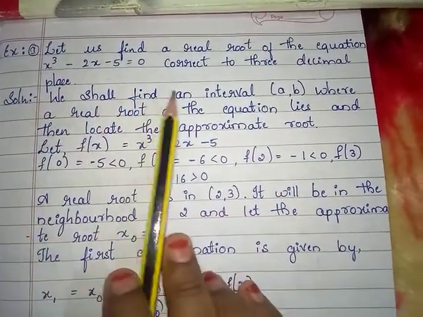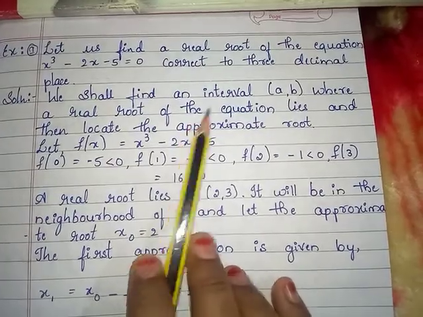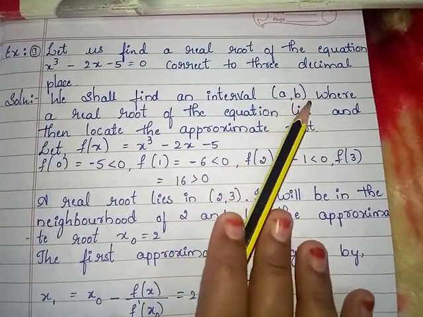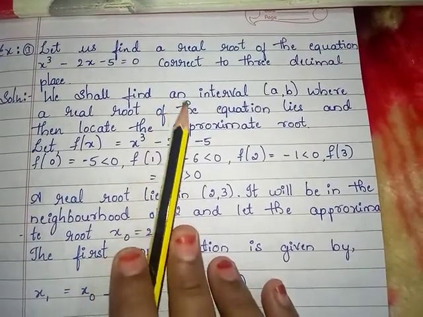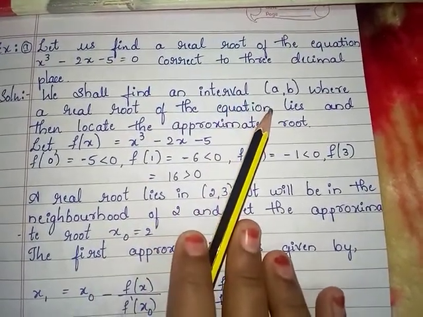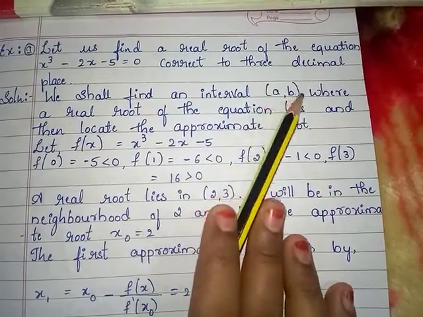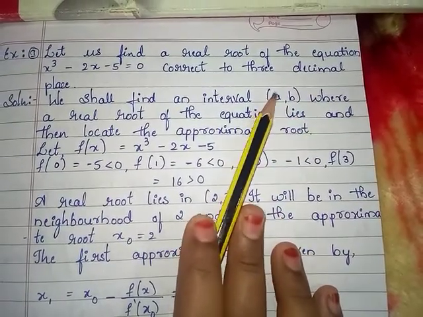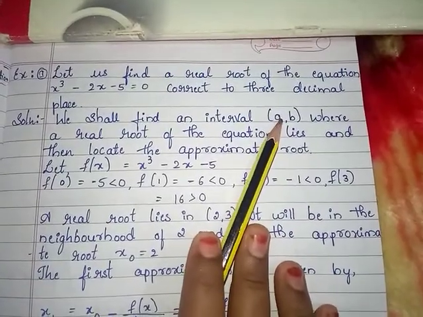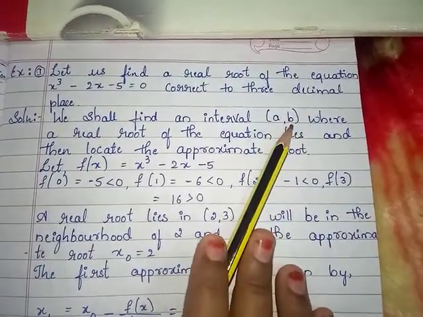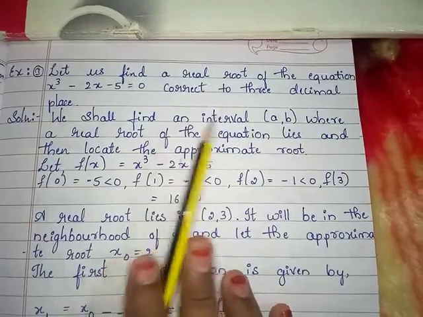Solution. Here also we have to find the interval, that is the value of a and the value of b. In the Regula-Falsi method, or method of false position, we find this interval two times. First we find the interval, after that we see which value is nearer to 0 as compared to the other value.